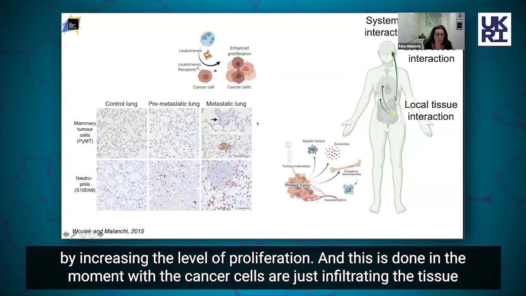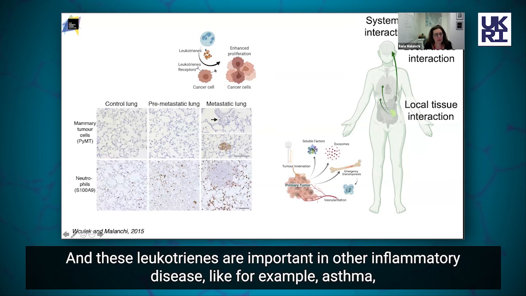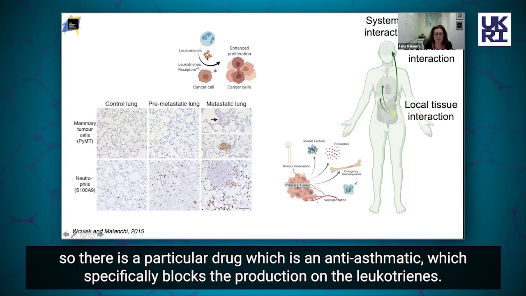And this is done in a moment where the cancer cells have just infiltrated the tissue. They still have to start a new growth, and there they go, neutrophils feeding them with a factor which just fosters their growth. And this leukotriene is also important in other inflammatory diseases, like, for example, asthma. So there is a particular drug, which is an anti-asthmatic, which specifically blocks the production of this leukotriene.